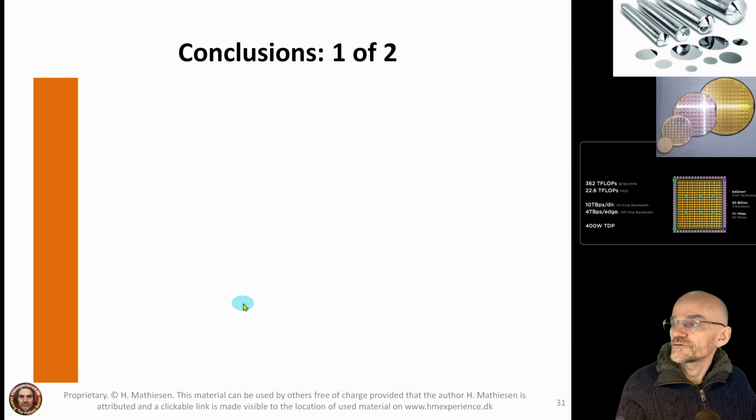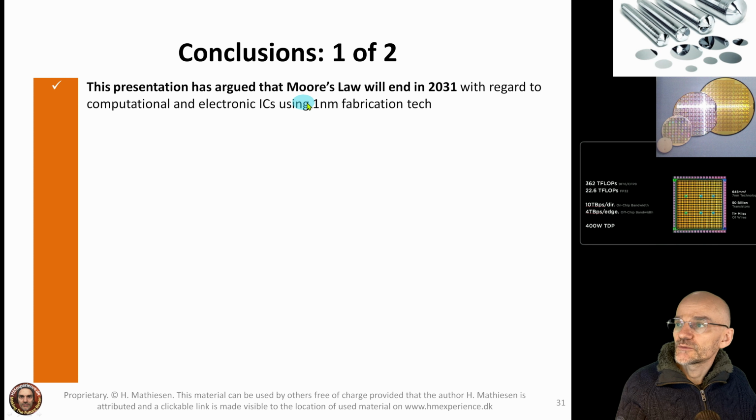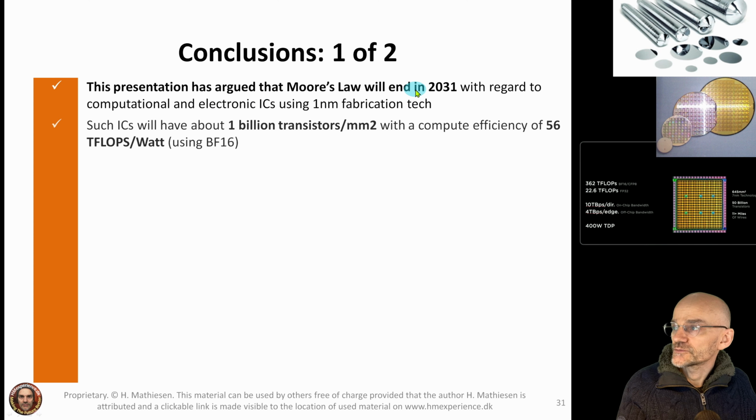Okay, so now we have finally reached the conclusions of this presentation. It's been argued that Moore's law will end in 2031 with regard to the computational and electronic ICs using 1 nanometer tech. Such ICs should be able to have about 1 billion transistors per square millimeter with a compute efficiency of 56 teraflops per watt using this BF16 methodology.